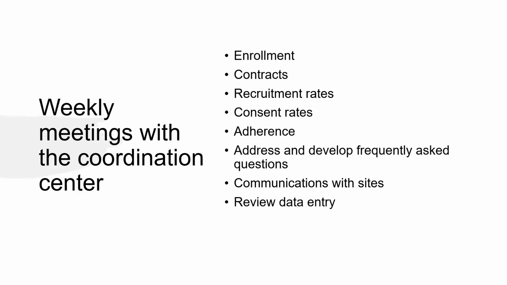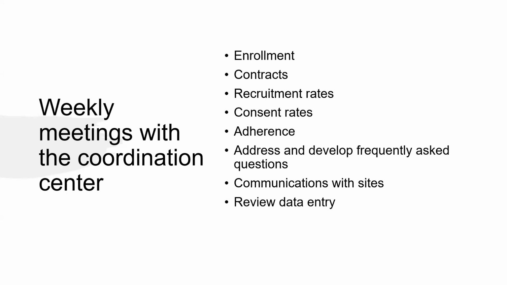And I would suggest structuring those meetings. If it's an experienced coordination center, great. If not, at least you have in your mind what you want to discuss at each one of those meetings, such as enrollment, contracts done, are there delays in contracts, and who can be contacted? What are the recruitment rates like? What are the consent rates going to be?